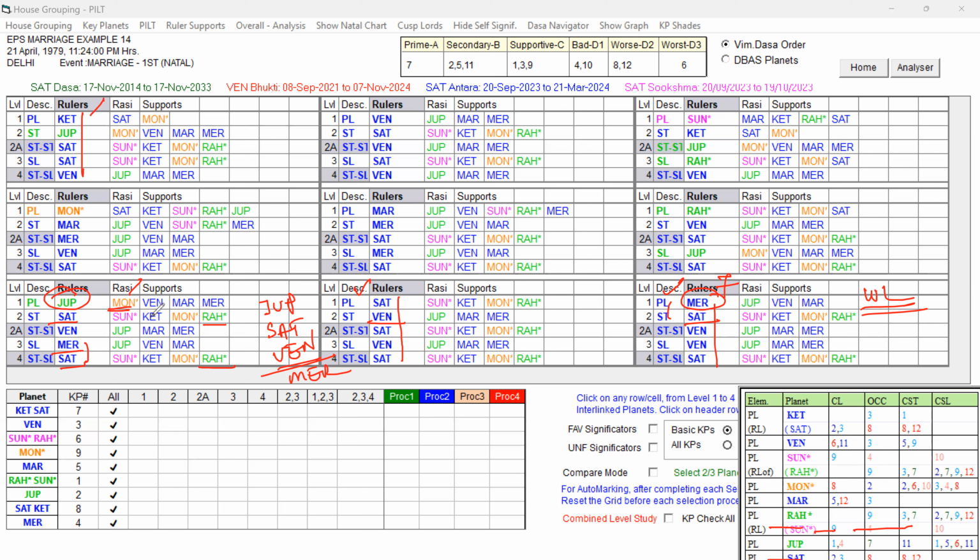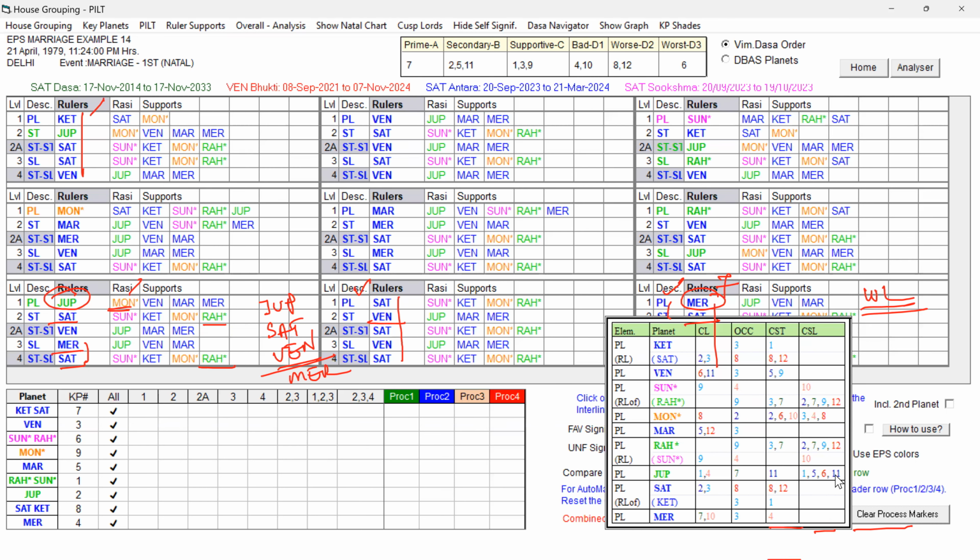And if you look at the key planets of the Dasa Lord, as I said, Jupiter is in the sign of Moon, right? Jupiter is good only, but Jupiter has got some weakness, because as I said, Jupiter has got 1, 4, 7, 11, and 1, 5, 6, and 11, in the star and also in the sign of Moon, it is also having all unfavorable.